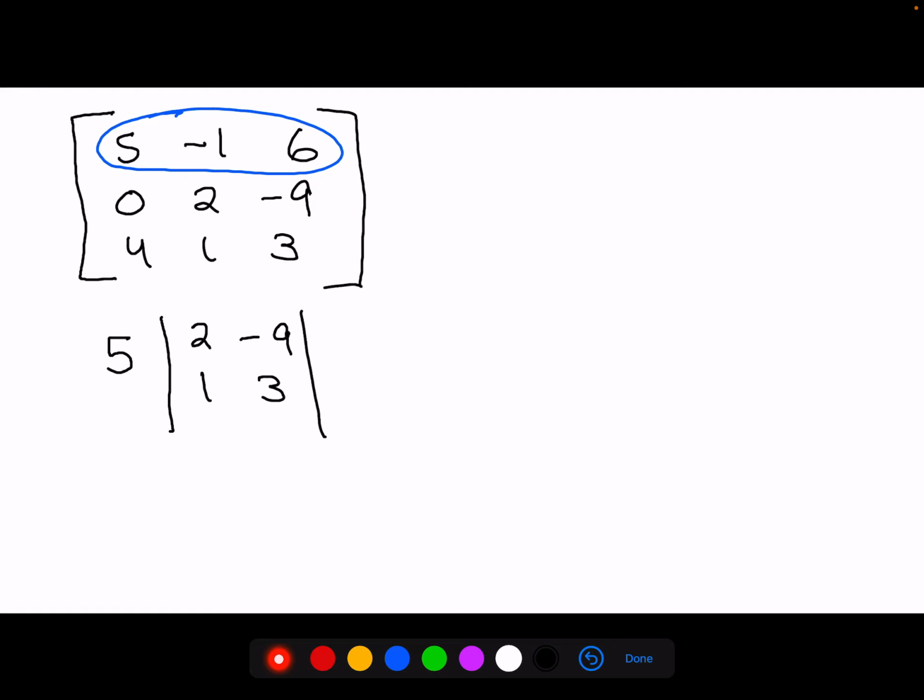And keeping in mind that going across you have plus, minus, plus, so I have plus 5 minus negative 1 and then plus 6.